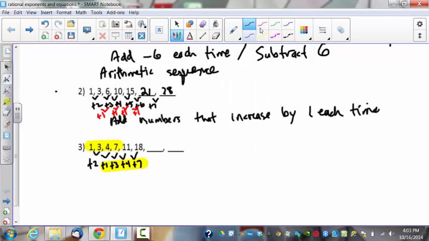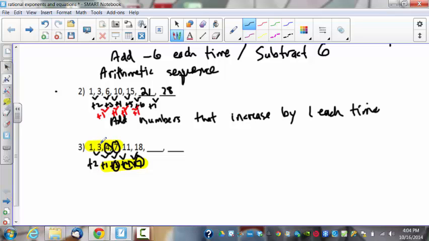So what you can do is, there's a couple different ways of thinking about this. Let's go back to pen. So for the number 3, to get to number 4, you had to add 1 to the previous number. And to get to the number 7, you had to add 3. To get to number 11, you had to add 4 to 7. And to get to the number 18, you had to add 7 to 11. So it looks like the number 7 comes from this 7. The number 4 comes from this 4.